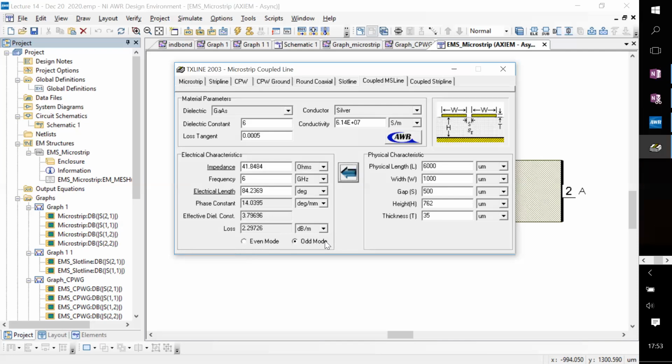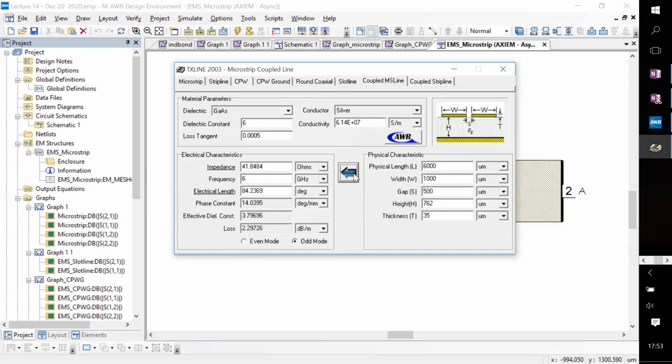I'm looking at the dielectric constant because if we want to get the phase velocity, I thought I may get a better idea of which has a higher velocity. So the odd mode has a lower dielectric constant than the even mode.